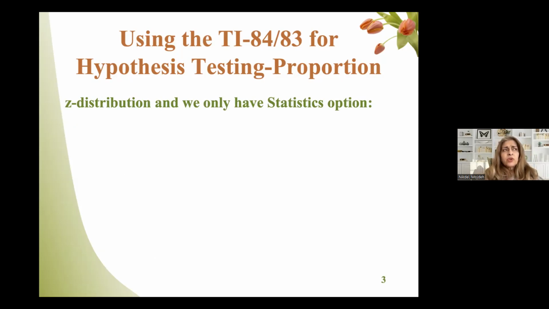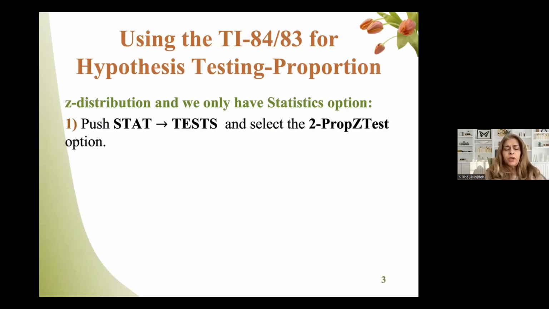When you are using the Z distribution for proportion, from the calculator we only have the statistics option. We don't have a data option. So you click the stat key. On the stat menu, you pick the last option, test. Under test, you pick 2-PropZTest for hypothesis testing.